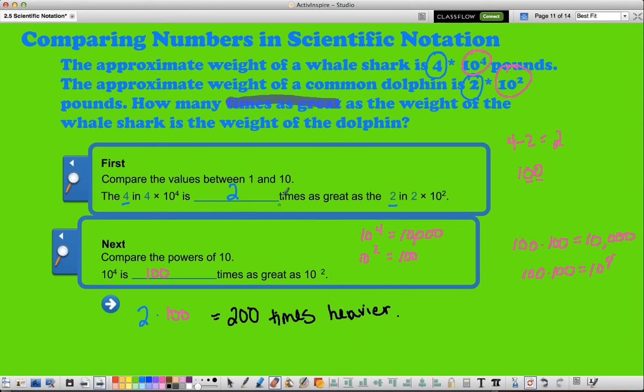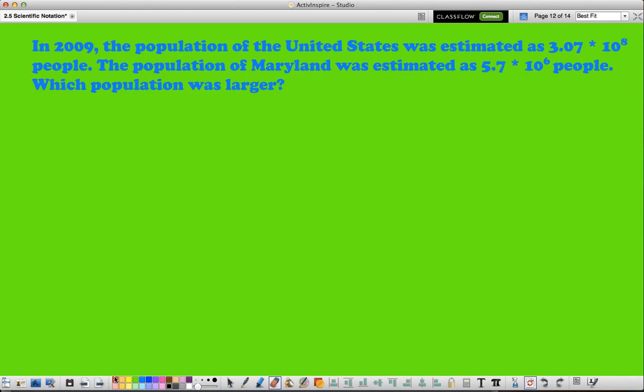So first you compare the numbers between 1 and 10, then you compare your powers of 10, and then you multiply them together to figure out how many times heavier your larger number is than your smaller, because we decided already that the whale shark was larger than our dolphin.